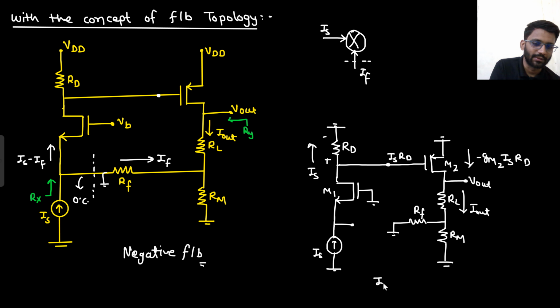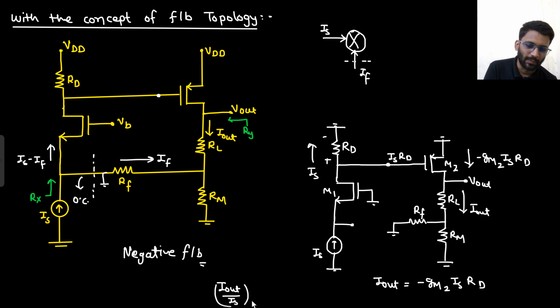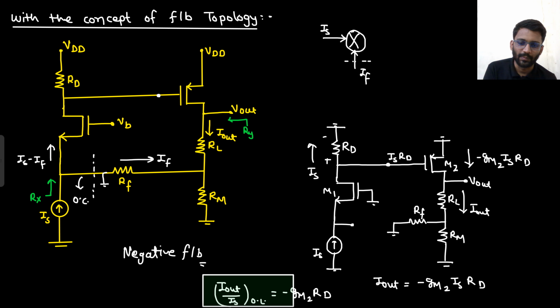So I out is equal to minus GM2 IS RD. Right? So what is your open loop gain? I out by IS open loop would be minus GM2 RD. This is your open loop gain.